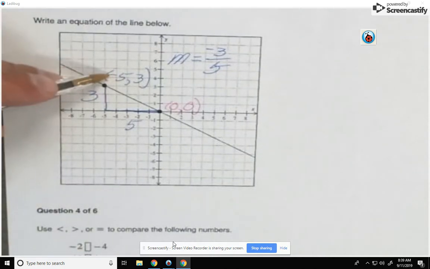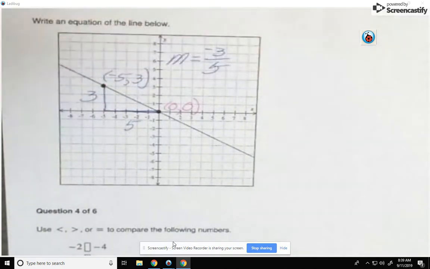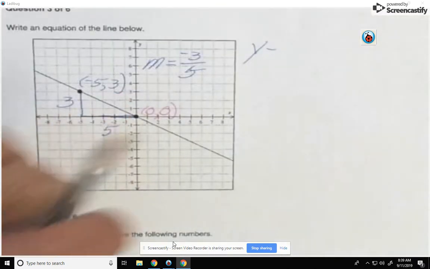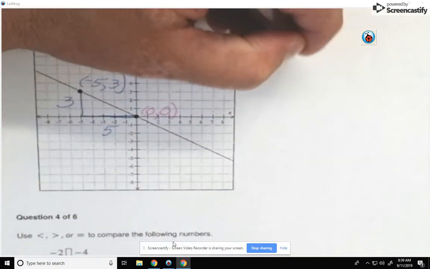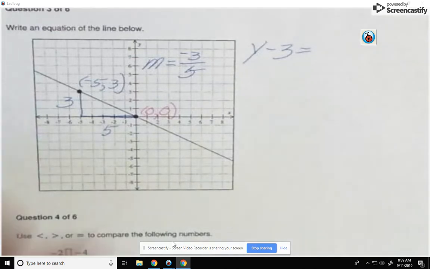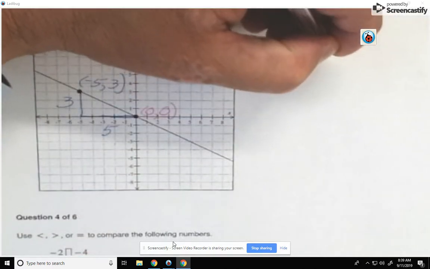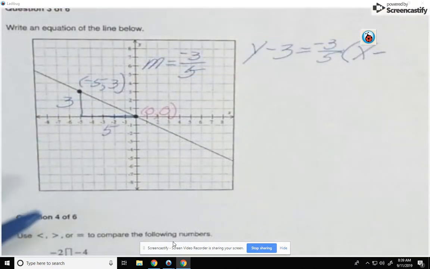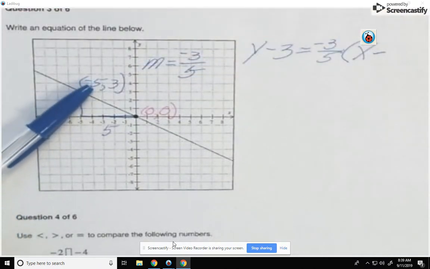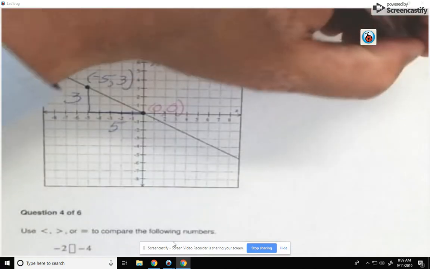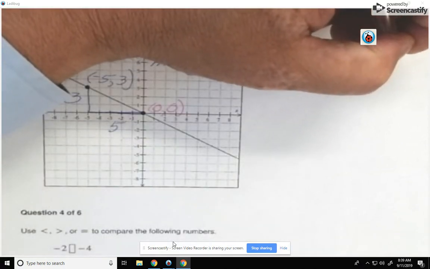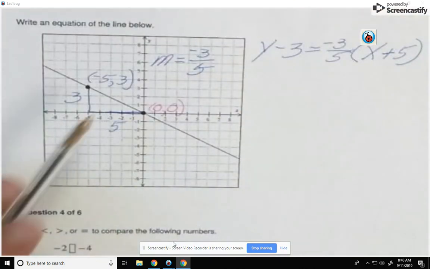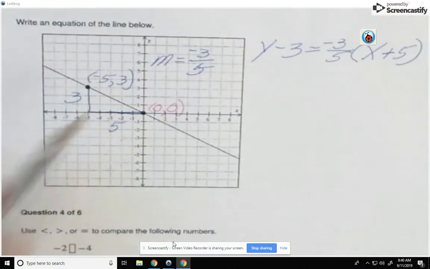If I want to use this point, I start off with y minus my y, which is 3, equals my slope, negative 3/5, times (x minus my x from this point, which is negative 5). But instead of minus negative 5, I change it to plus 5. So that would be the equation if I'm using this point.